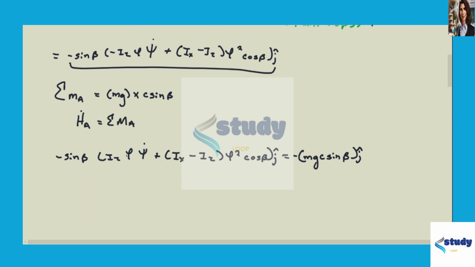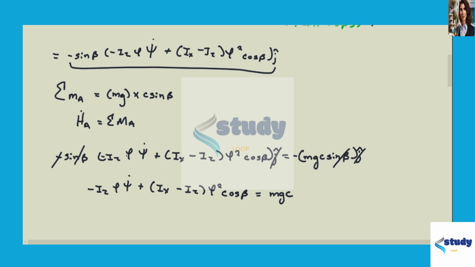And it looks like what we can do is cancel out the sine, the j's, and the negative, of course. Now we have negative I_z φ' plus I_x minus I_z φ' squared cos β equals m g c.